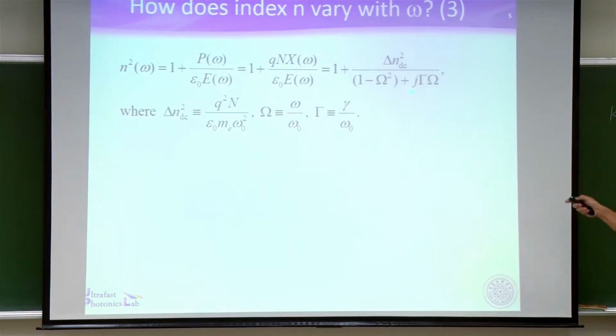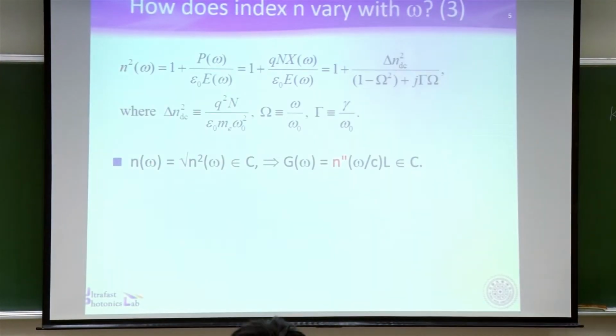This is the result. But remember, it's n squared, not n yet. If you want to calculate n, you have to take a square root. But this equation is already complex, right? You have j here. So this is a complex function. A complex function, after taking a square root, is still a complex function.